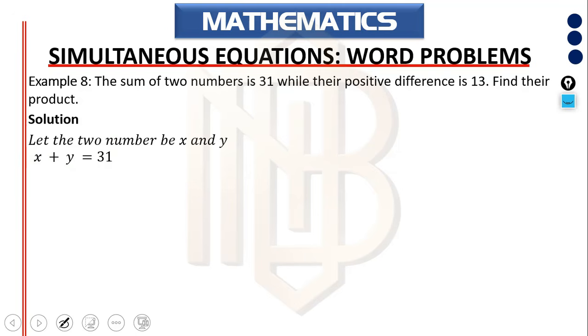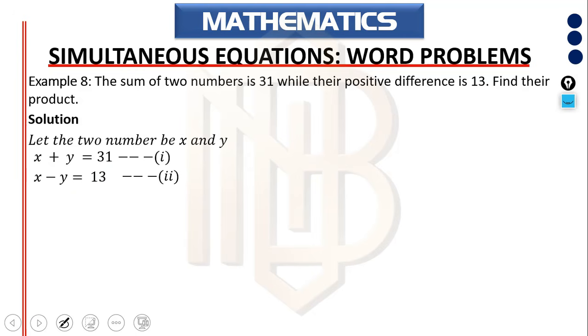Positive difference means when you subtract y from x, of course, or x from y, it gives you 13. That's the implication. So we can take this as our equation 1. Then for the second part, the positive difference, which is going to be this, is 13, which you can then tag equation 2.